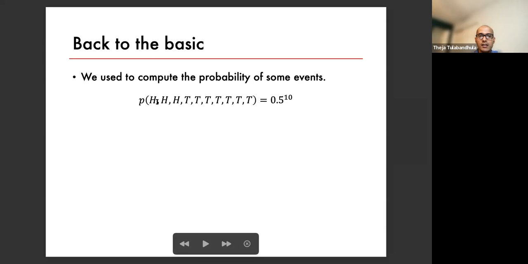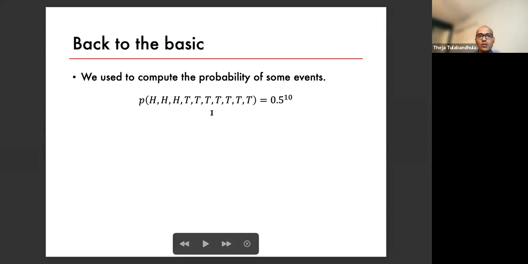So you have this event. Let's say this is the coin flipping event, and we flipped a coin 10 times, and it landed heads 3 times and tails 7 times.